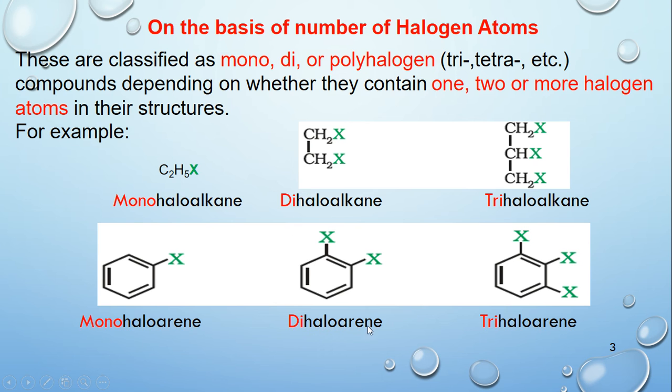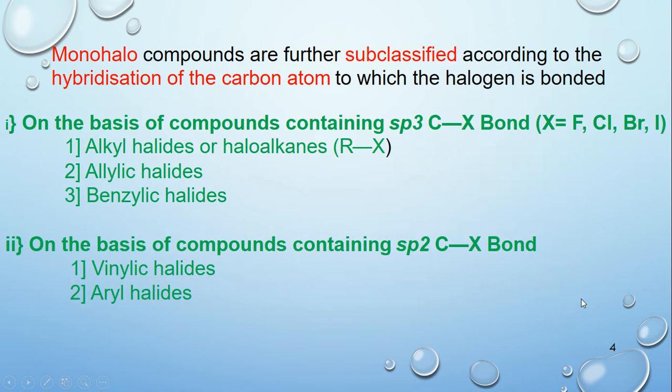The same case follows for arenes. When you have one halogen atom attached to an arene, it is called monohaloarene. For two halogens, it is called dihaloarene. And for three halogen atoms attached to the arene, it is called trihaloarene.